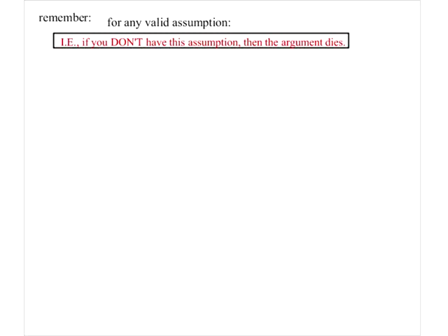What can we do with this? Well, we can use this as a criterion for evaluating assumptions. This fact gives birth to what we can call the reversal method.